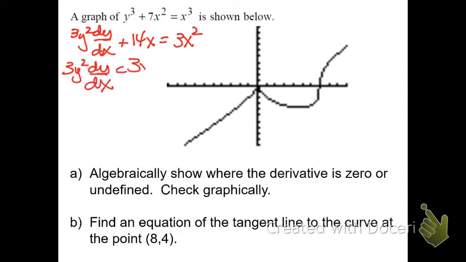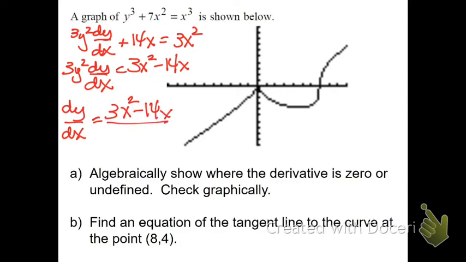So I have 3x squared minus 14x, and then divide by 3y squared, and we get dy/dx equals (3x squared minus 14x) over 3y squared. Okay, so there's my derivative. Let's reread the question. Algebraically, show where the derivative is 0 or undefined.